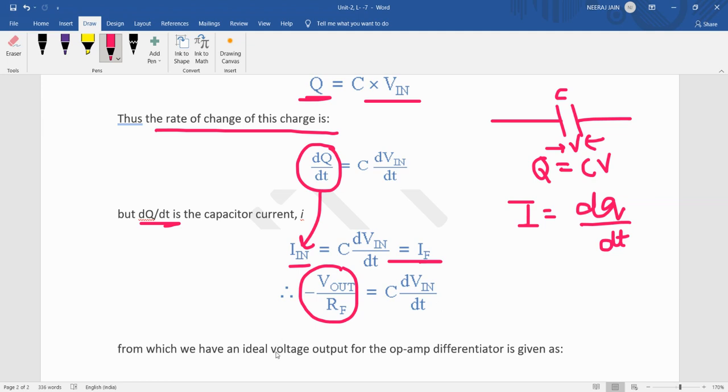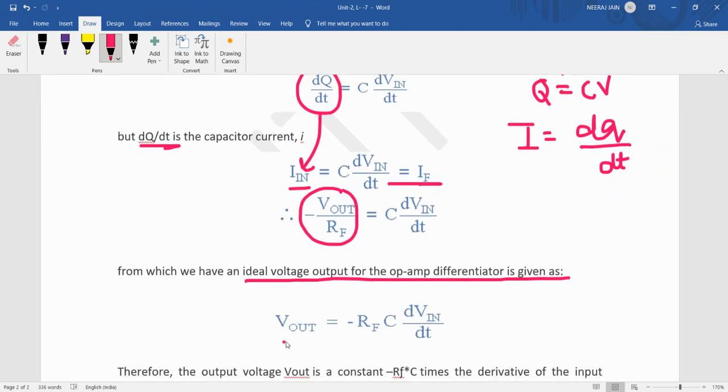from which we have the ideal voltage output for the op amp differentiator, given as V out is equal to minus Rf C dV in upon dt. So if we give V in as the input, we will get as output minus Rf C dV in upon dt.